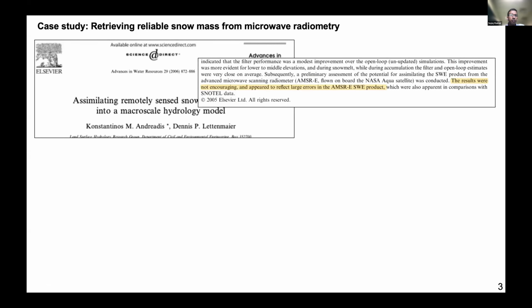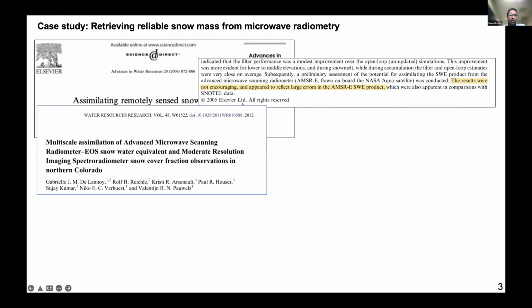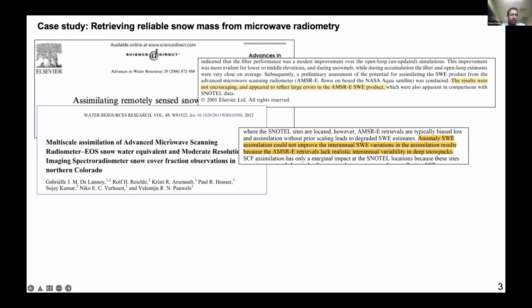If you look at some of the papers, this is the Andreadis and my paper that looked at assimilating AMSR-E data, and a little more recently Gabriel et al. Most of these studies point fault at the observation itself, that they lack accuracy and don't have the interannual variability to really make an impact in data assimilation.